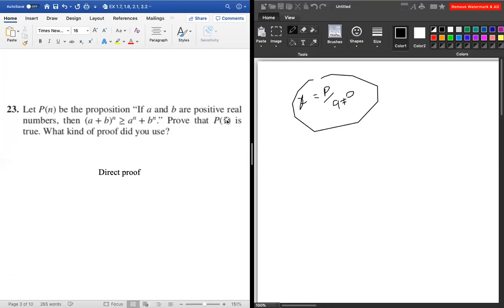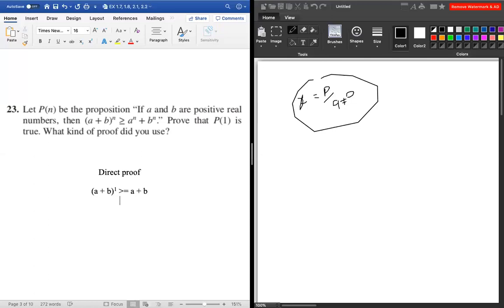So here we have P(1). So we have (a plus b) to the power of 1, and then we are saying that this is greater than or equal to a to the power of 1, which is basically a itself, plus b to the power of 1, which is b itself, right?